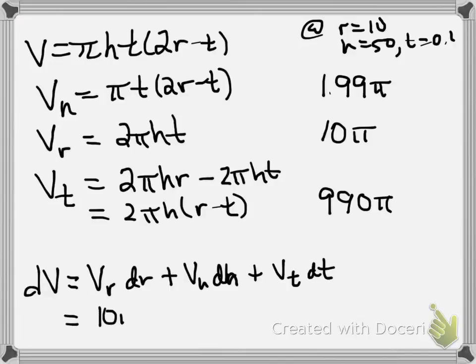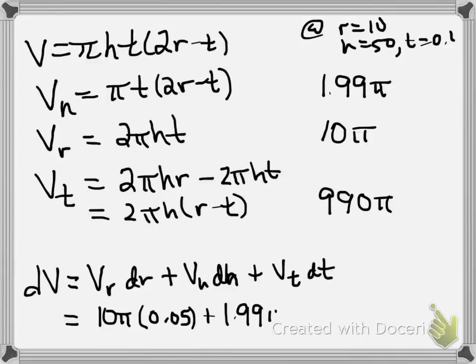And so now we can put in our 10 pi, and dr, we're told in the problem, is that the maximum error on the radius and the height is plus or minus 0.05 centimeters. And since we're asked to find the maximum error, that means we're going to put in the largest that the error in the radius could be. So we'll put in 0.05.